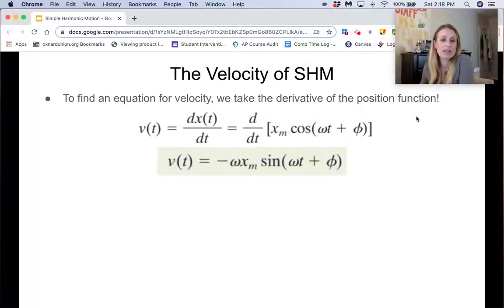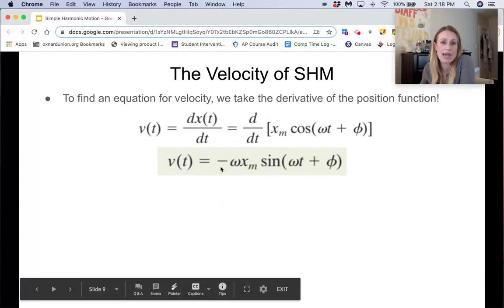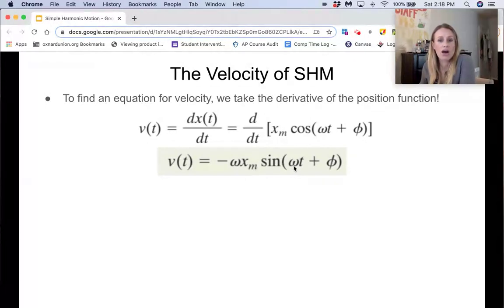So we end up getting the velocity as a function of time in simple harmonic motion is equal to negative omega times the amplitude times the sine of the phase, which again is our angular velocity times time plus the phase constant. So this is the equation for our velocity as a function of time in simple harmonic motion.